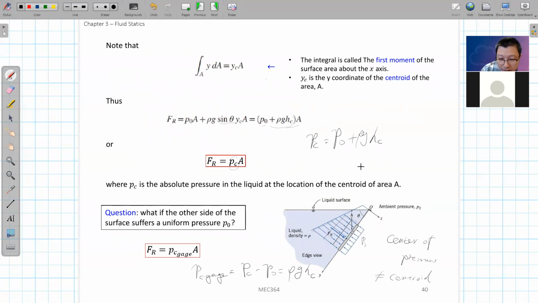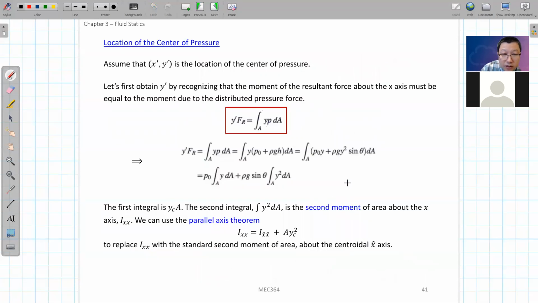No problem. And now, if we also want to find the point of application of this FR, this resultant force, we know that this force times this distance, let's assume the distance from this point here to the origin point is y prime. So this y prime times the magnitude of the resultant pressure force should be equal to the integration of all the individual pressure elements over the whole area, the moment.